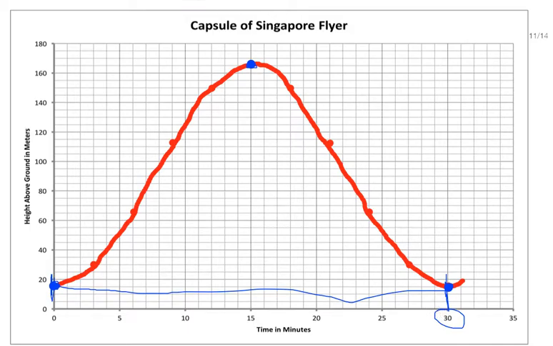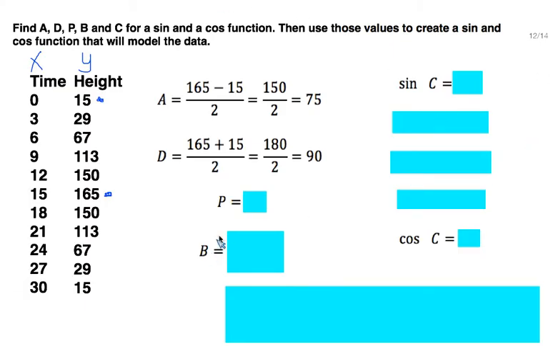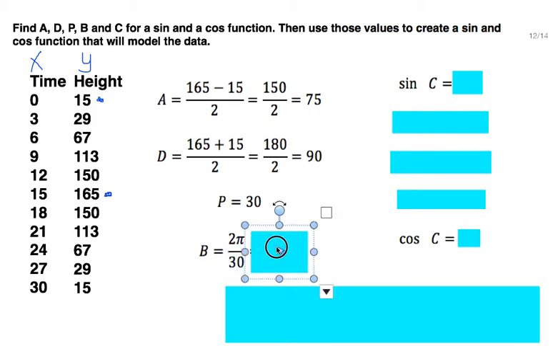So my period length is just going to be 30. And then to find your B value, it's going to be 2 pi divided by your P, so 2 pi divided by 30. And when I simplify that, I'm going to have pi over 15. So that's how we found our B value.